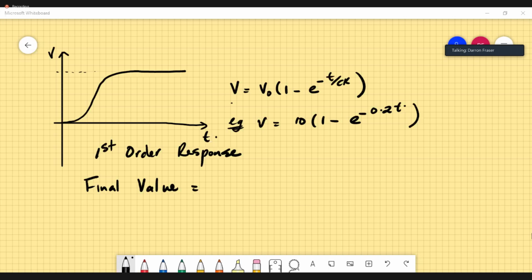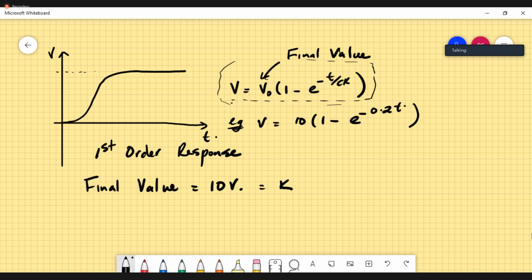All right. So what is the final value in this situation here? So V naught. All right, this is my final value. So the final value is equal to 10 volts. That is my K. What is going to be my time constant?